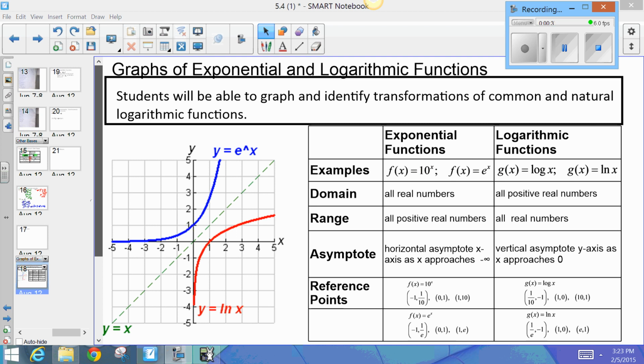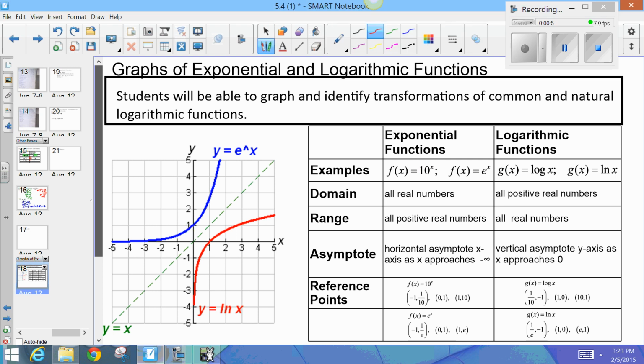All right, so I'm just going to talk you through some of the key points first of all. We're going to start with the graph y equals e to the power of x. I also want to explain again that the function, the natural log of x, is the inverse function to e to the power of x.